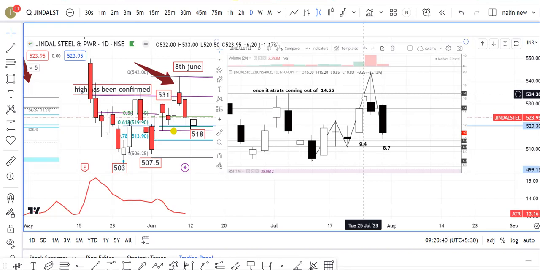Because he has bought at a high price, probably around 20 rupees or 19 rupees, I do not know. And later when it starts falling, he has averaged it to cover his losses, hoping that it will come up intraday to his level. Actually, it has come down and closed.